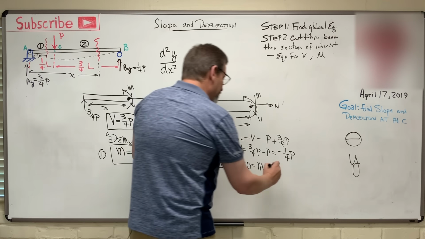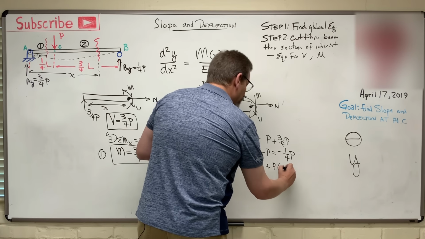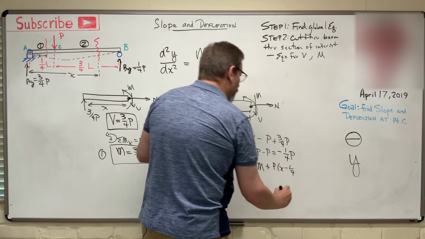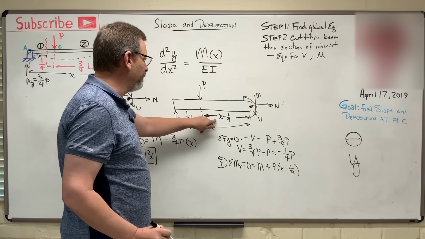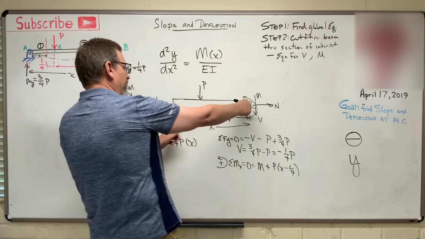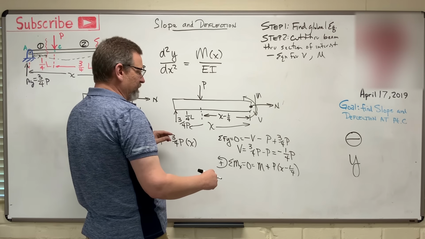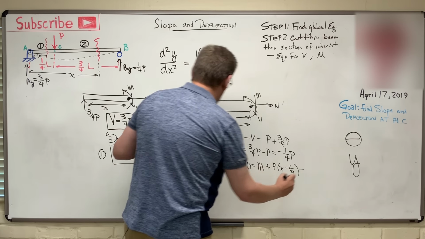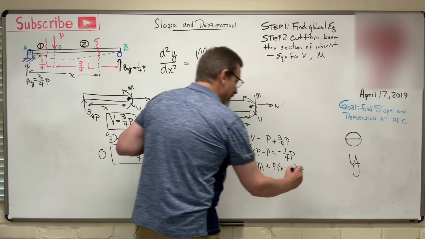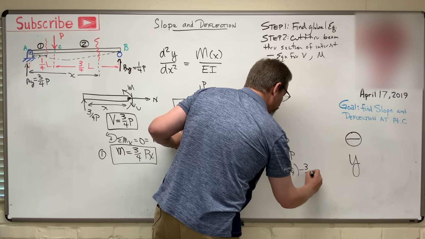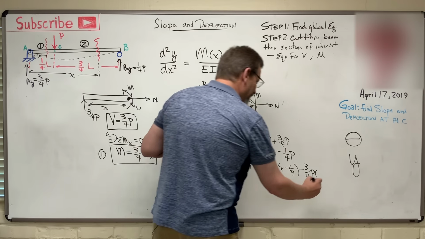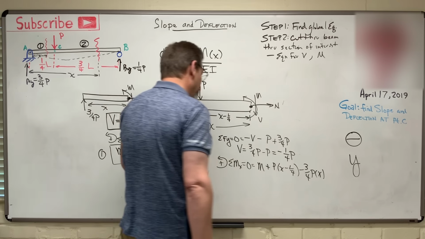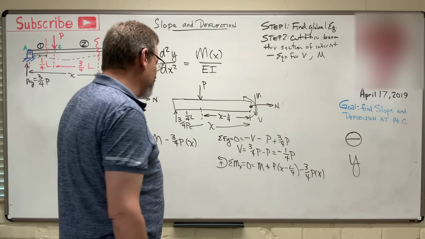So P times X minus L over 4, force times distance, right? And then this guy rotates me negative, so minus 3/4 P times how far away? Times X away. Can we simplify that some?